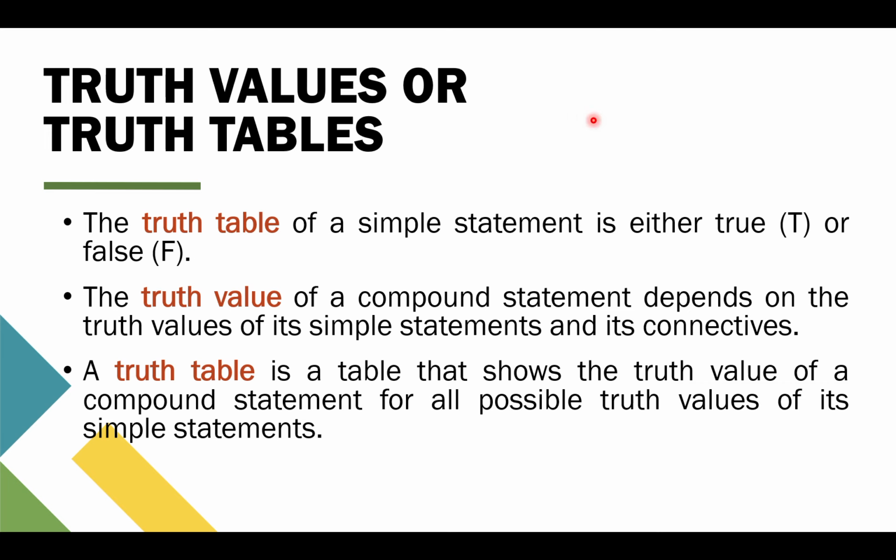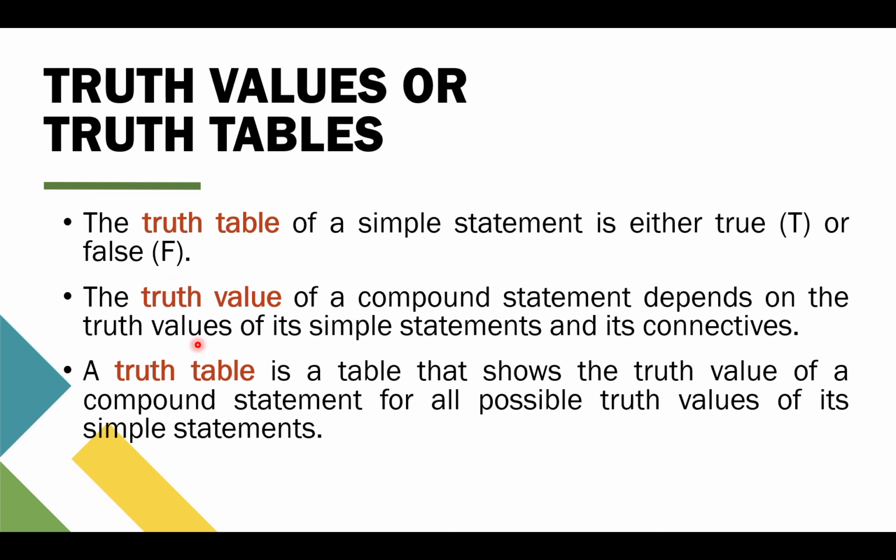So let's say mayroon tayong header na P1, so that is proposition 1. And then sa ilalim niya, it has 2 rows. So first row is true and then second row is false. I will show you that later.